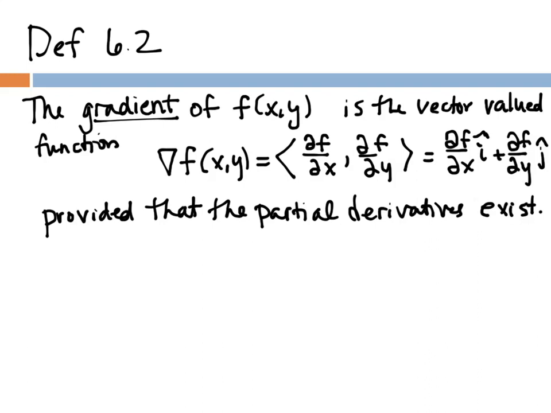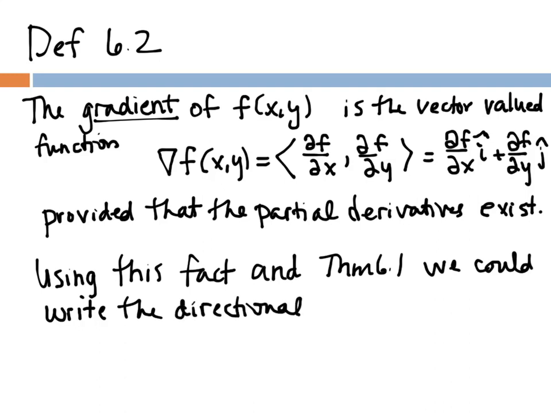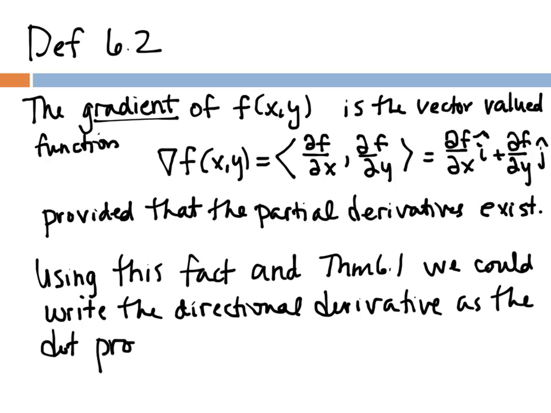And the next thing I'm going to write down is actually what I alluded to earlier. Using this fact and Theorem 6.1, we could write the directional derivative as the dot product of the gradient and the unit vector.